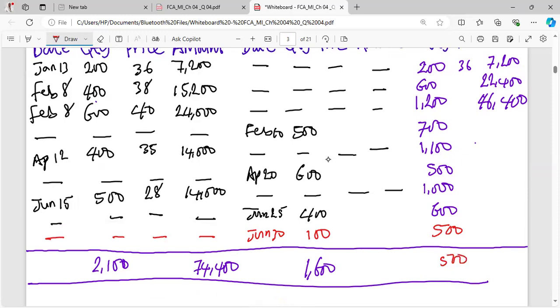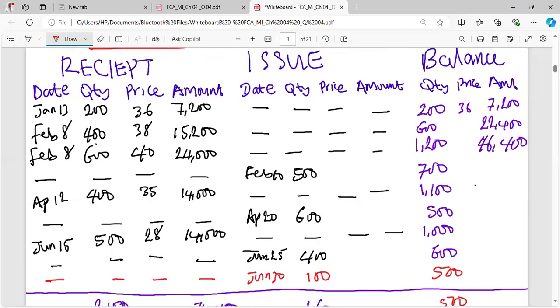So what are the prices? So in last in, first out, this is the 500 we are going to give out. We'll give it at the last price, which is 40 naira or $40.